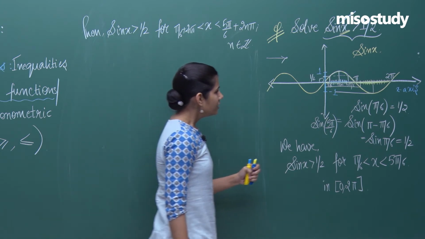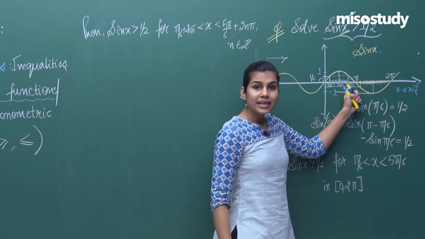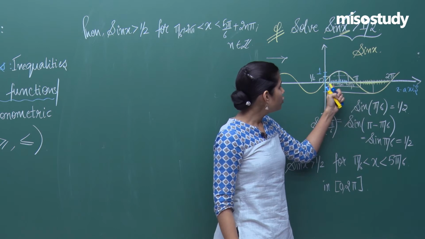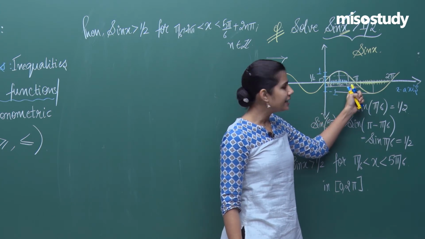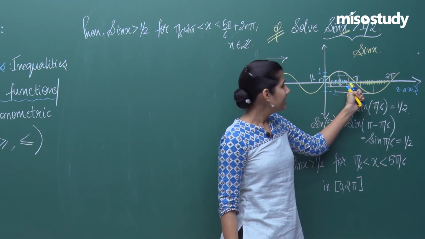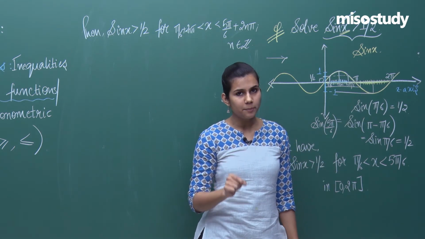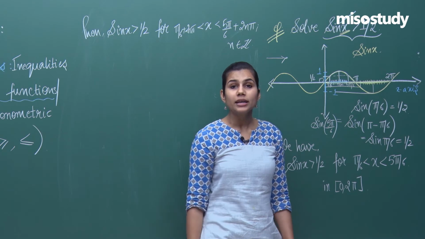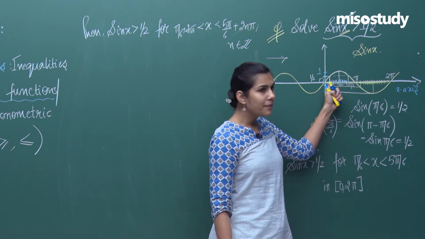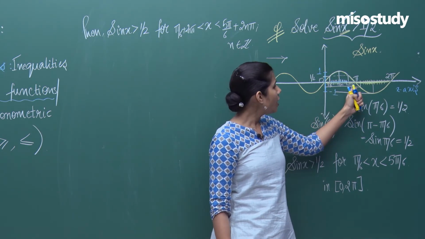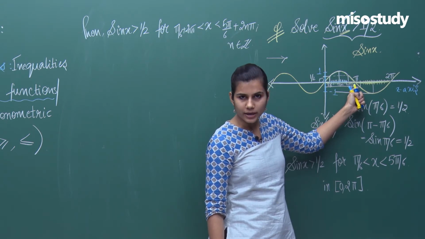Yes, this is nothing but an interval whose starting point is pi by 6 and ending point is 5 pi by 6. Every member of this interval, when added with 2n pi, gives rise to another interval which is pi by 6 plus 2n pi, comma 5 pi by 6 plus 2n pi.